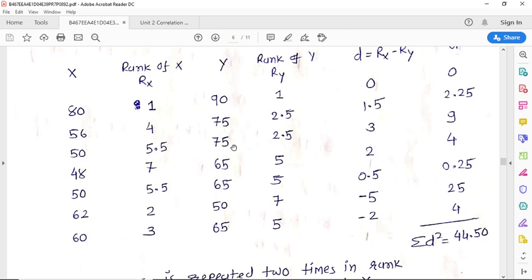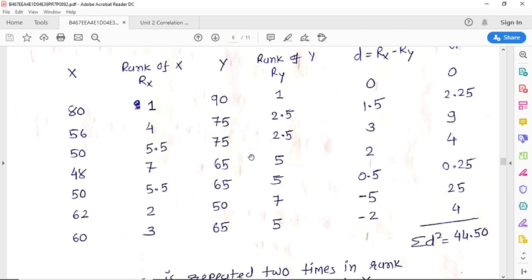So that will be 2 plus 3, and how many times repeated? 2 times. So 2 plus 3 by 2, that will be 5 by 2, and 5 by 2 will be 2.5. So assign each of them a 2.5 rank. So that is a 2.5, that is a 2.5, so it is 1, 2.5, 2.5.